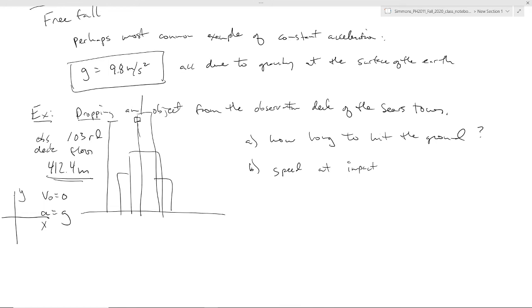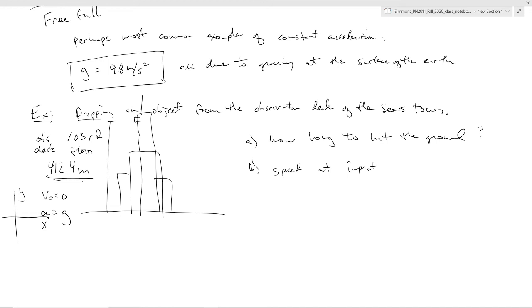A lot of times if you're talking about dropping an object, it's convenient to put the coordinate system at the ground. So what this means is that the initial height will be a positive number, but the acceleration is pointing down. It will be negative.